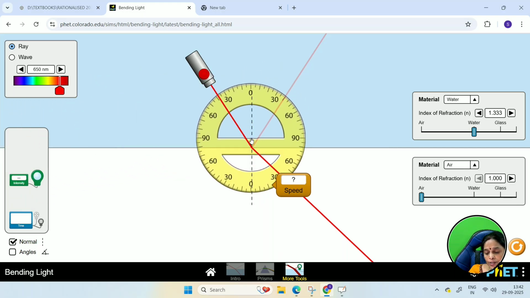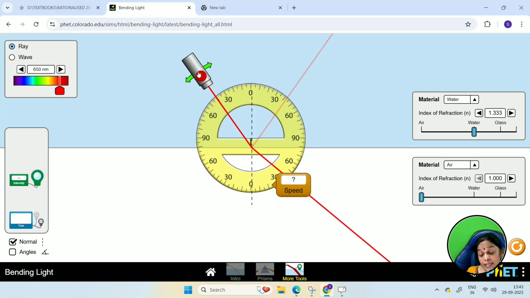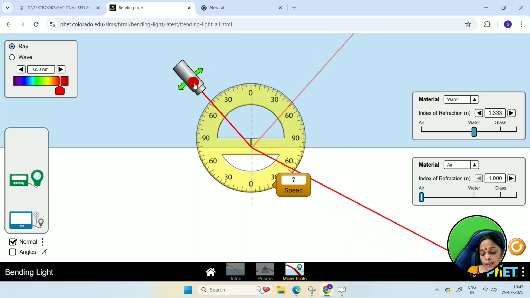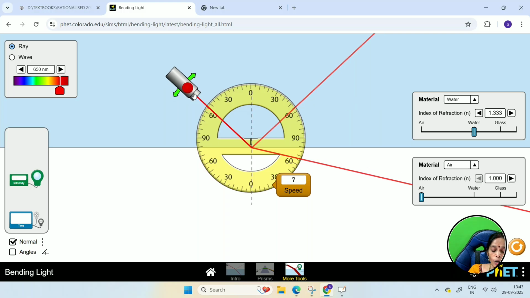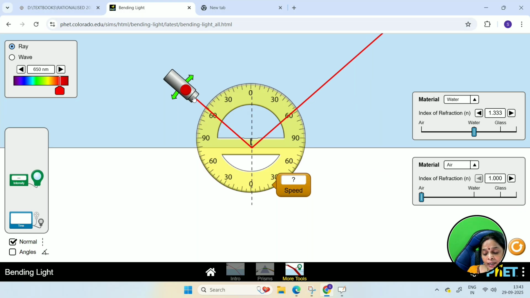Slowly I am increasing the angle of incidence. Wow, at one angle of incidence, some 58 degrees or so, the ray of light, instead of undergoing refraction, comes back to the same medium. That is called total internal reflection.